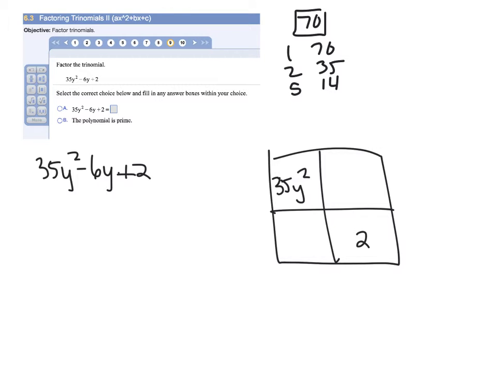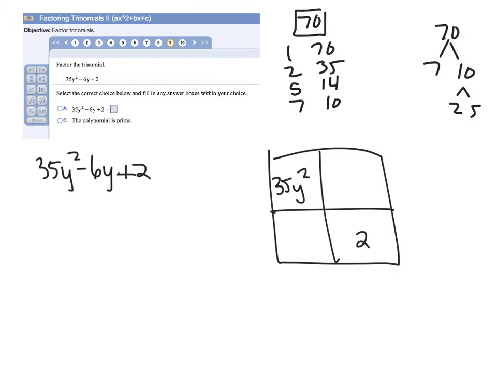I could do 6. No, 6. No, 7. I could do 7 times 10. Let's see, I'm going to go over here and factor 7 times 10, that's 2 times 5. So let's see, I've got 2 times 35, I've got 1 times 70.